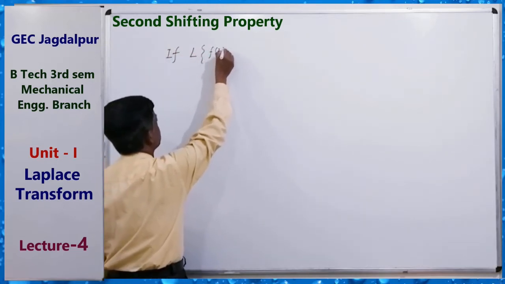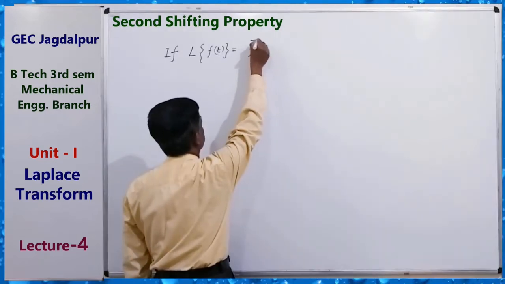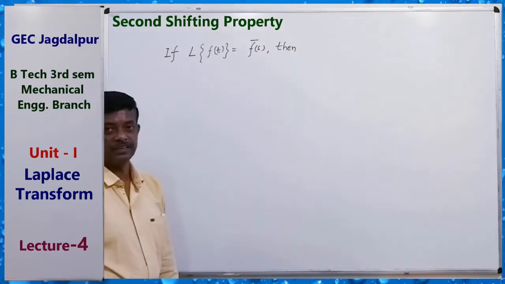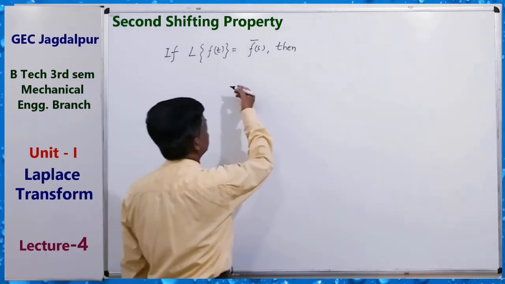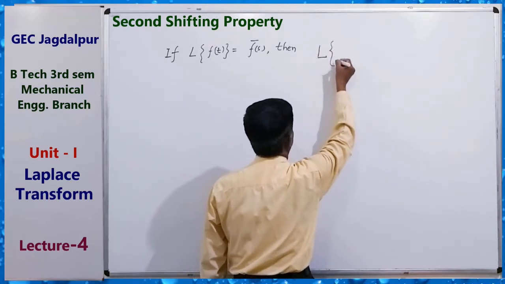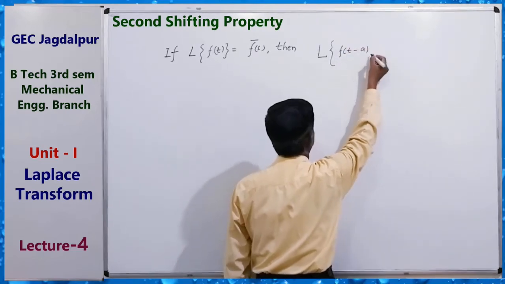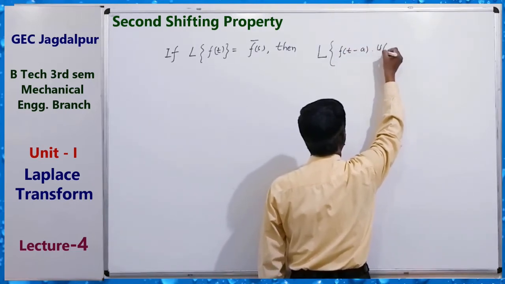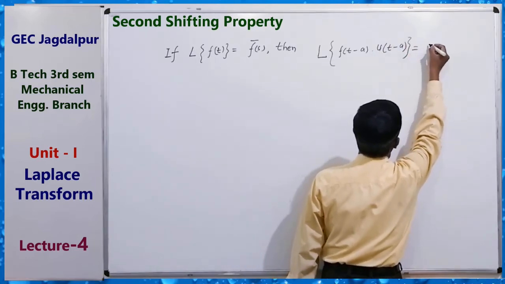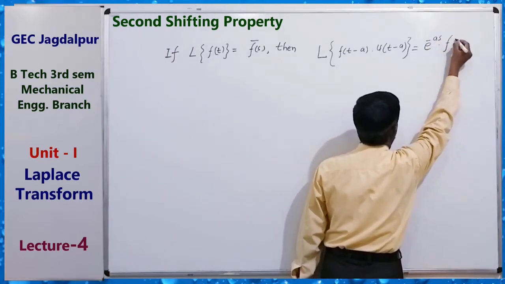Suppose f(t) is our function, if L{f(t)} equals F(s) bar, then the second shifting property says that the Laplace transform of f(t-a) u(t-a) is equal to e to the power minus as times F(s) bar.